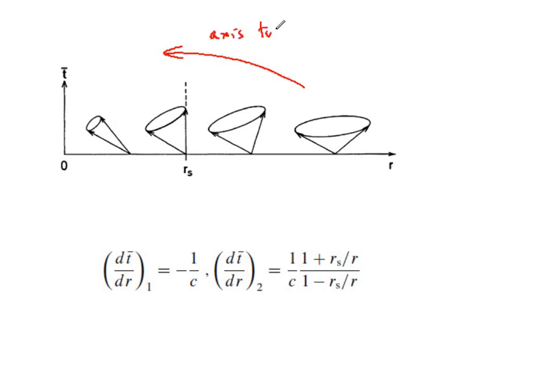So two things: not only is the axis turning to the left, but also the light cone is narrowing.